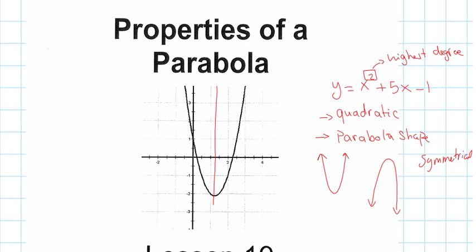Does that make sense? When would I have a parabola shape? It has to have a degree 2, that's the highest degree, and then the shape would be a parabola shape, and it would either open up or down. Are you guys okay with these terminologies so far?